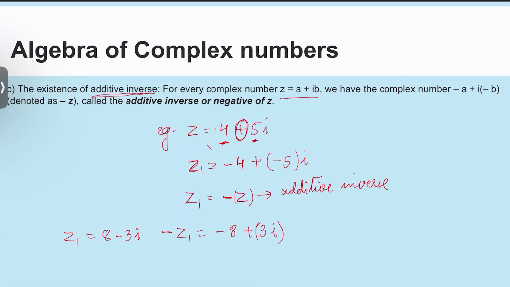So you change the signs of both of the coefficients. If you write this as 8 plus minus 3i, and separate out the signs, you change it to negative 8, and then you get plus 3i.